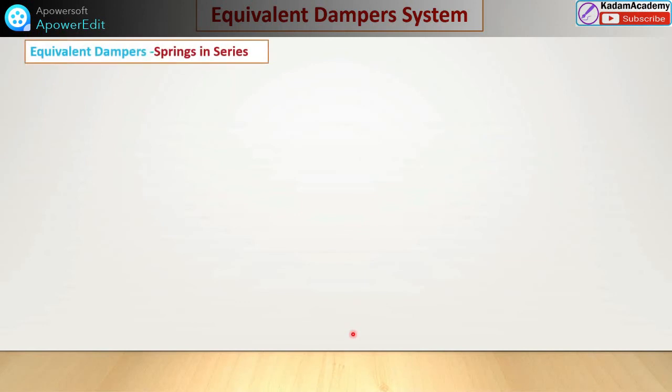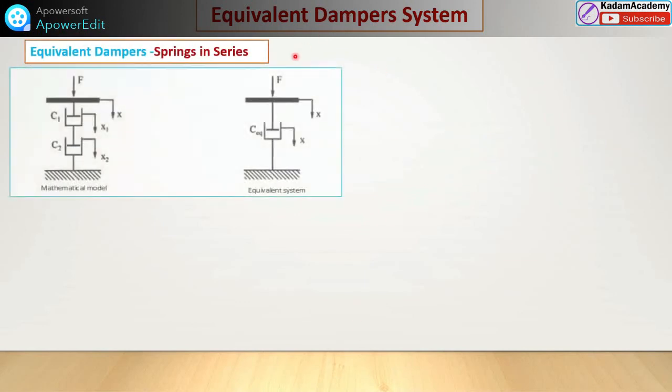Hence, friends, in a similar way, consider the equivalent damper systems, the dampers C1, C2 in damped vibration. Here only dampers are shown to you, with a force applied and a continuous displacement x, the excitation force.